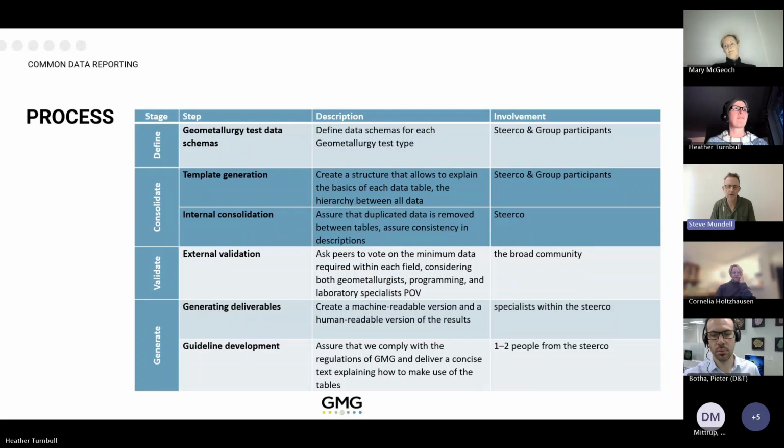Okay, so what's been the process? You could liken this to a process of divergent thinking and then convergent thinking. Initially, in the divergence area, it's getting an idea of the entire scope of what's in front of us, having the community help with defining all of the geomet test data schemas, all of the different types of data, and different types of tests that are out there.